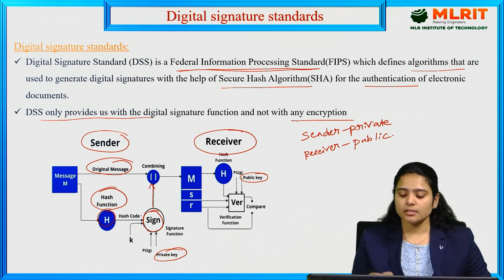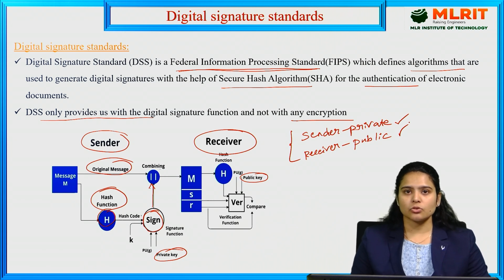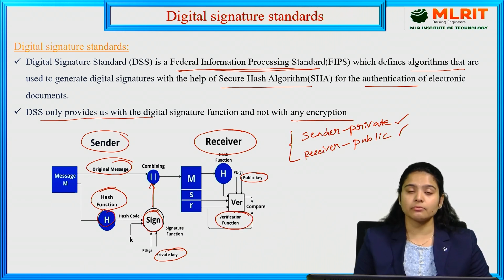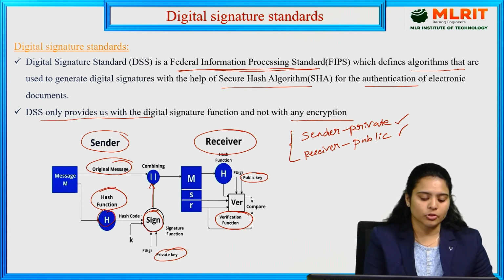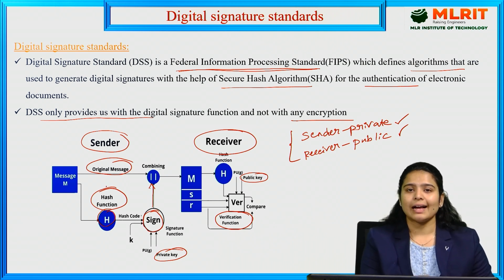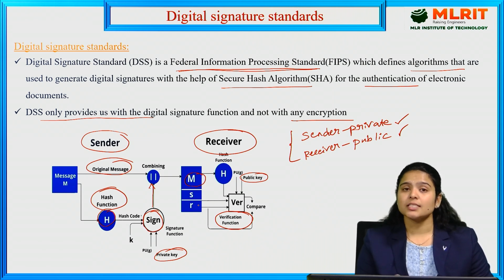That is the sender and the receiver process. So basically we are using the private and public keys. It should always be a verification function, using the hash function, which generates the original message, and after combining this whole process, it goes to the message with the secure hash.